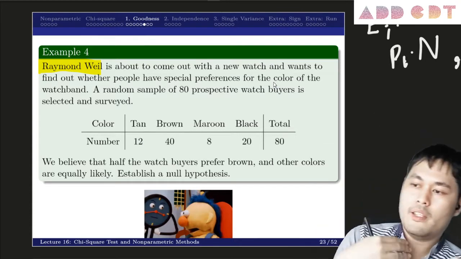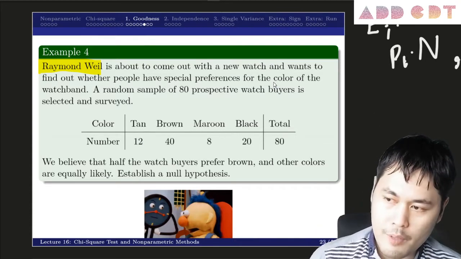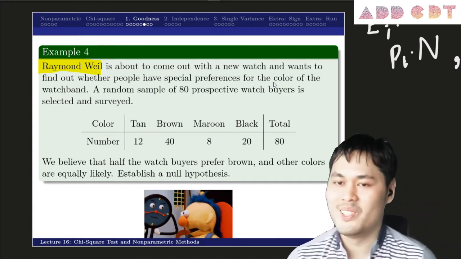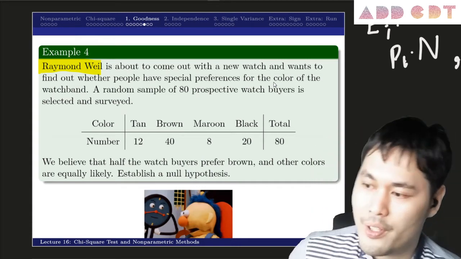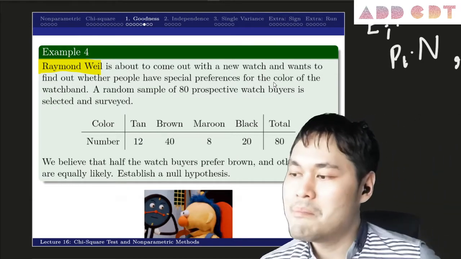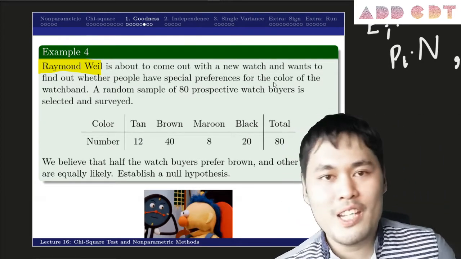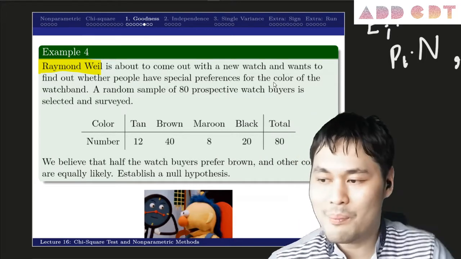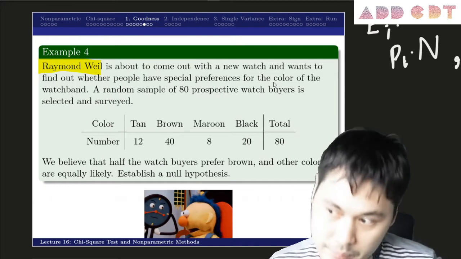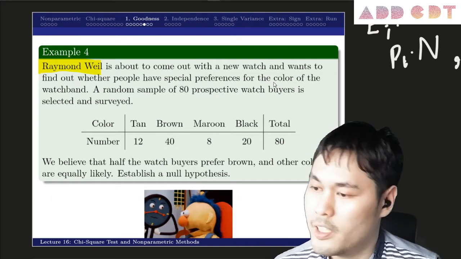They have a survey of 80 watch buyers, which is small. Usually, if you do market research, the number should be at least 100, 200. But maybe this watch is too expensive and nobody buys them anyway. So they can only find 80 people to do the survey.